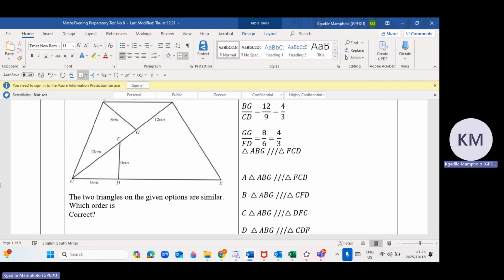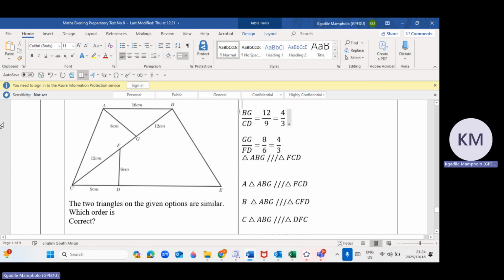Let's start with the first one. If you check, we divided BG by CD.